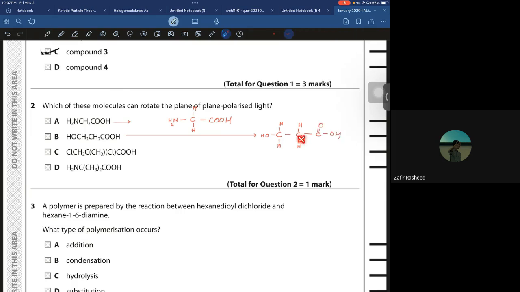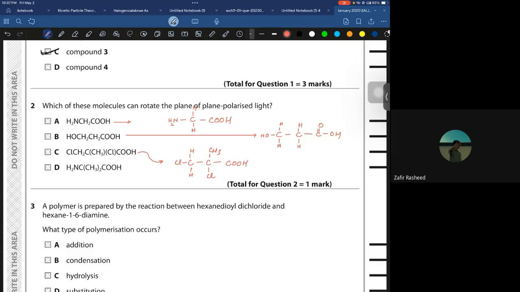There is no chiral carbon. Same group, same group. This is not a chiral carbon. Let's check C. So C is going to be H, C, then CH3, then it has Cl, then C double bond OH.